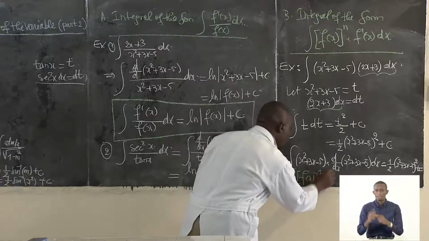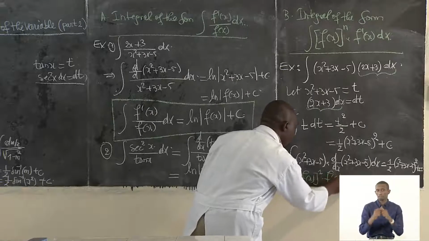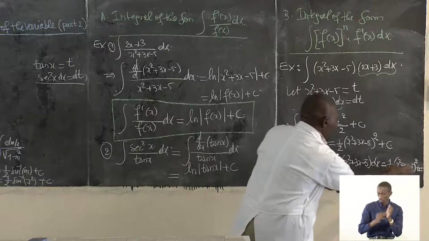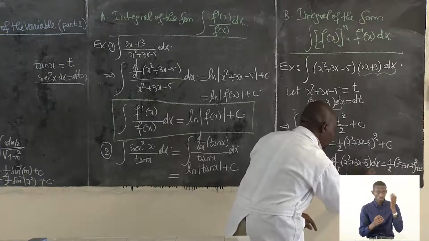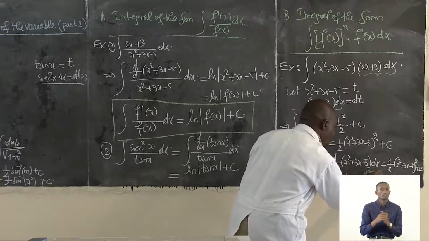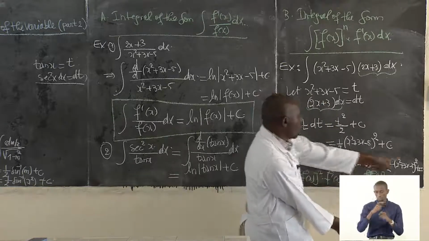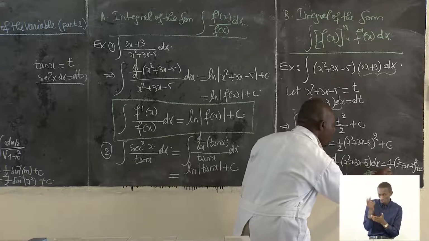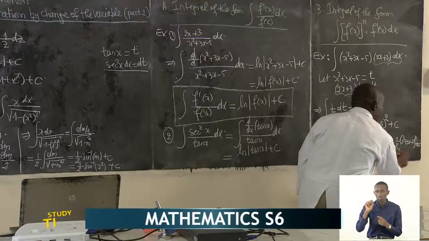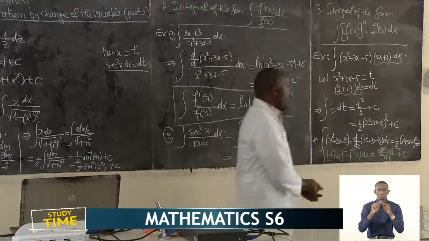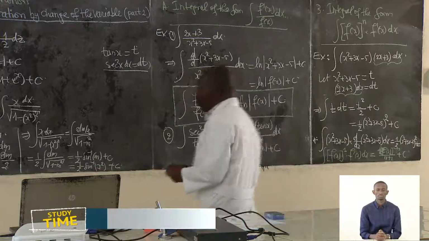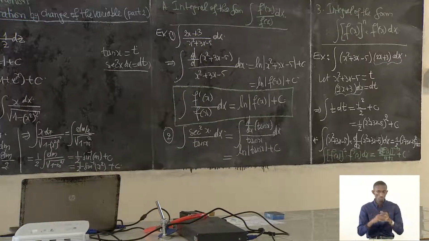Times the derivative of my function dx, and you get, this is x squared, that is f of x, because it is 2, that is n plus 1, divided by n plus 1, then plus c. Let me give that formula somewhere so that you cannot forget.